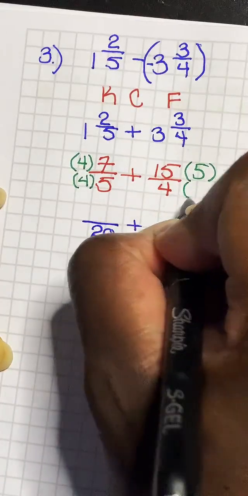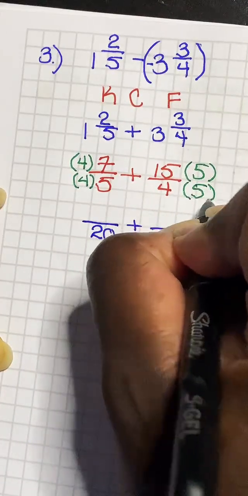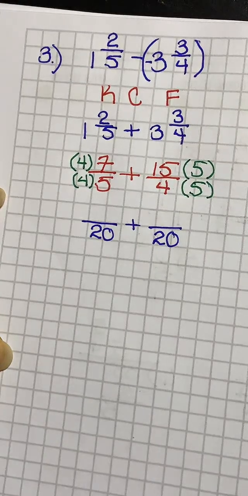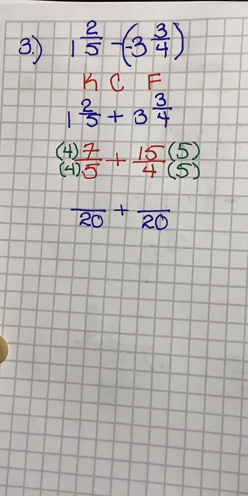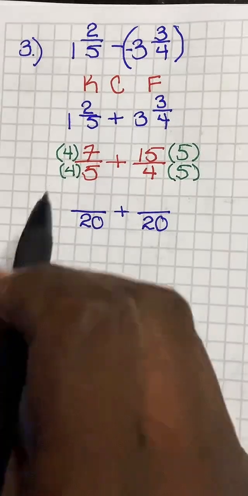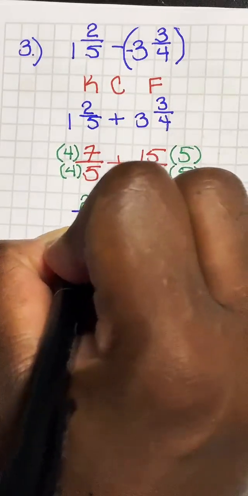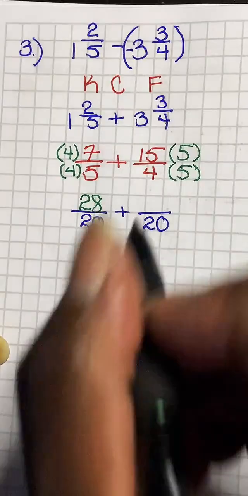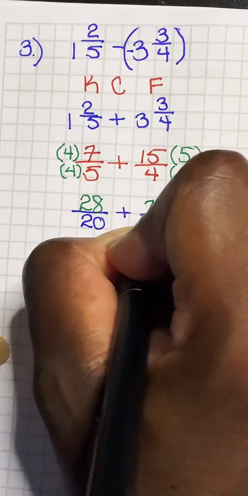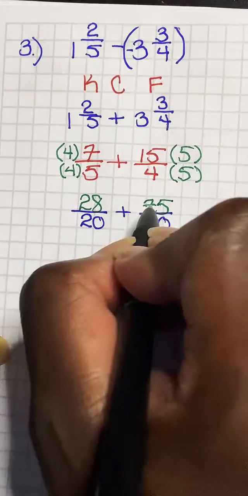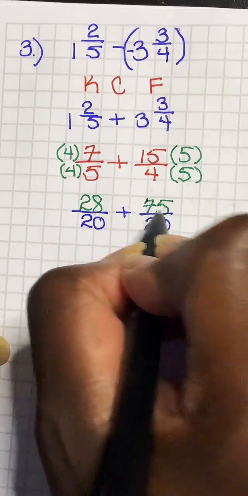That means I need to multiply it by 5. Whatever I do in the denominator, I need to do in the numerator. Okay? Either way that you approach it, there's going to be some multiplication going on. So 4 times 7 gives me 28. Right? And then 15 times 5 gives me 75.